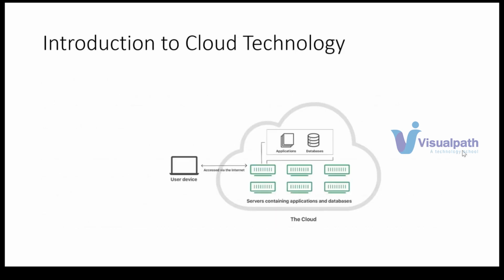So this is how cloud technology looks, friends. If you see, there is a user trying to access the cloud technology. He is staying somewhere remotely and is trying to access the services provided by cloud technologies.